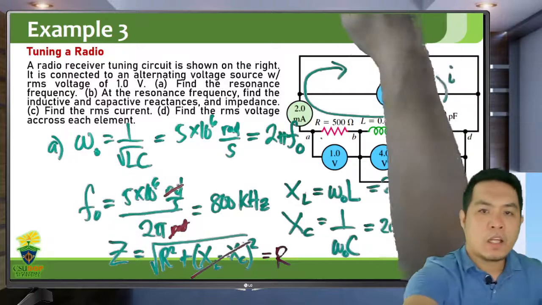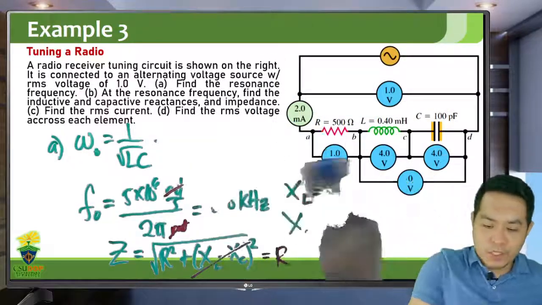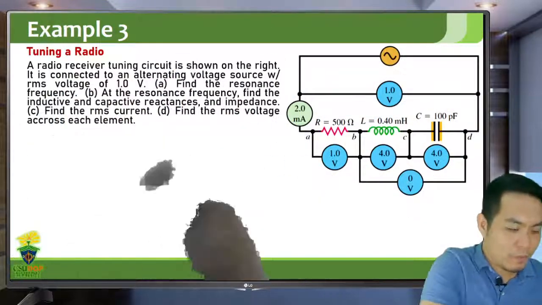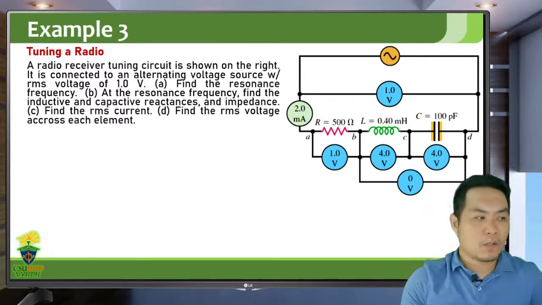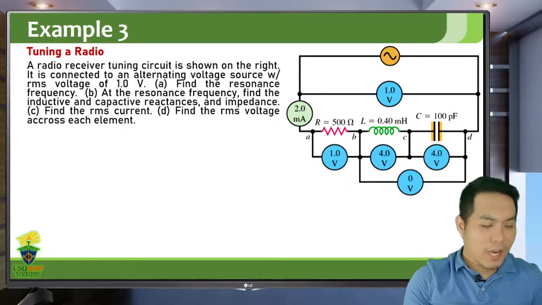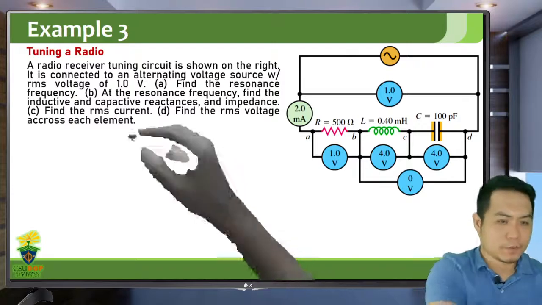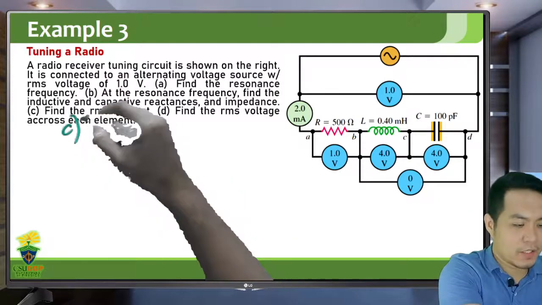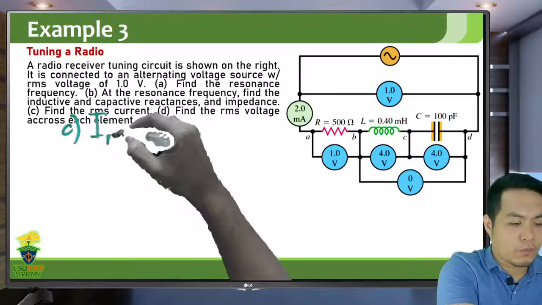Okay. Let's now go to letter C, the RMS current. Since we already know the impedance, we can now solve for the RMS current.